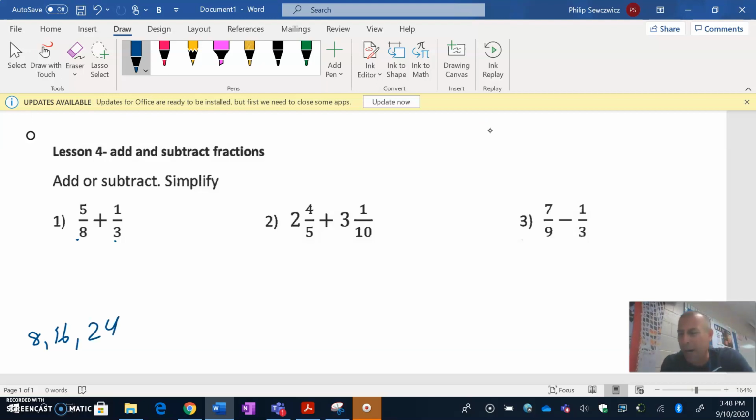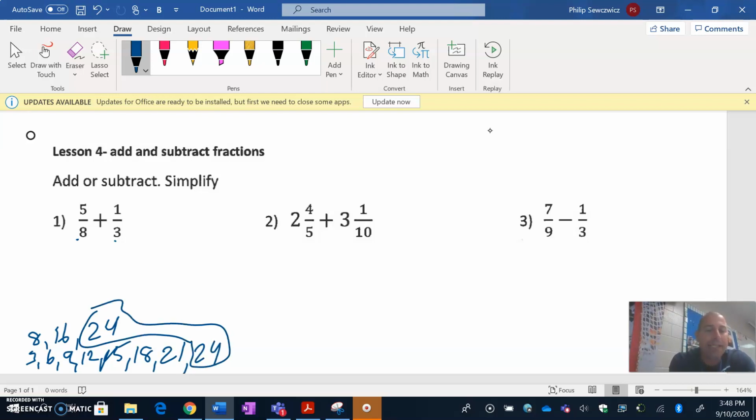Then list out the other ones: 3, 6, 9, 12. Nothing's matched up so far. Counting by threes, my multiples: 15, no. 18, no. 21, no. 24. They're both in common. Now, this is not the efficient method. Way too much time, but it is something.